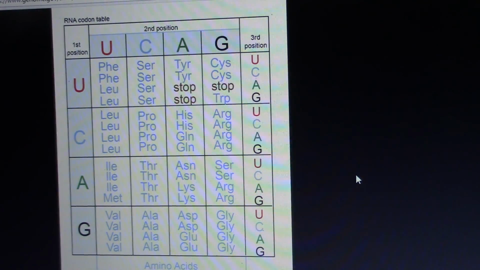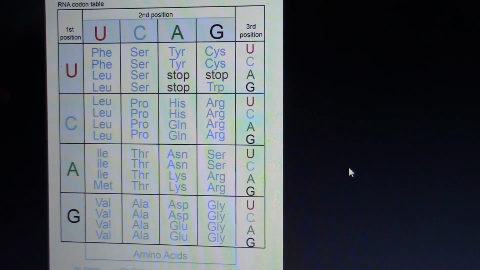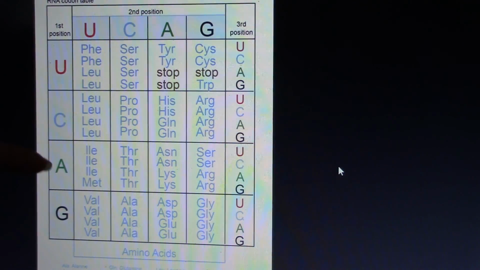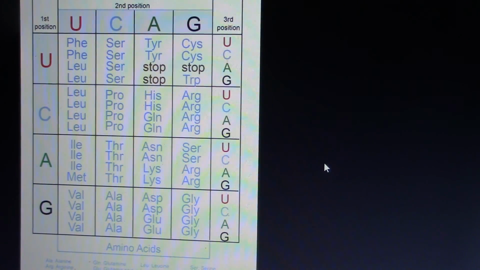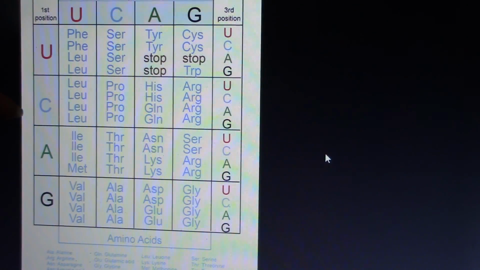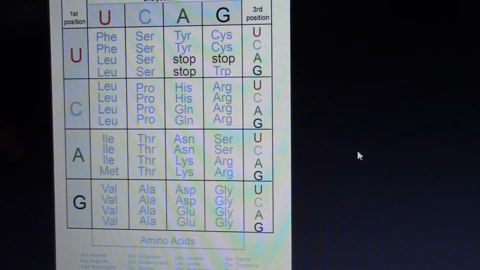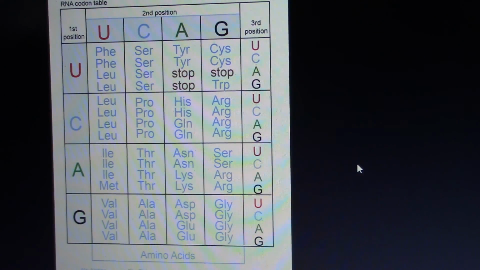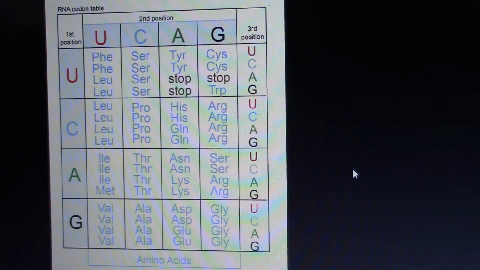CUA is leucine. LEU stands for leucine. That's an amino acid. Notice that there are multiple codons for leucine. Let me go back to this. CUA, CUU, CUG, CUC. All of those codons will put that ingredient in that place in the protein.